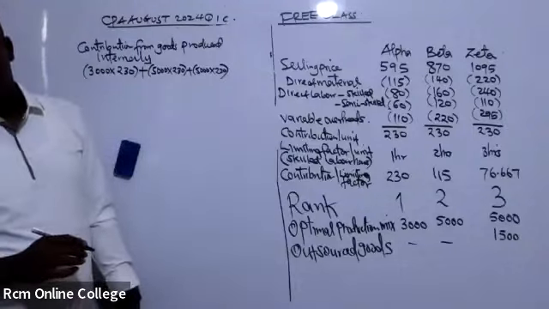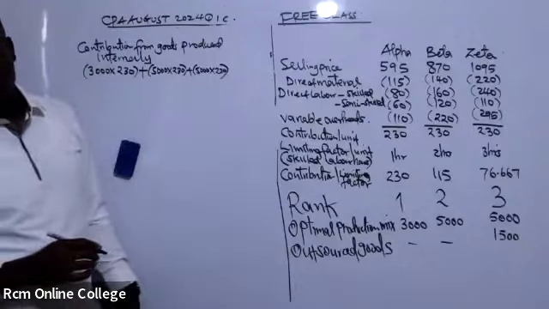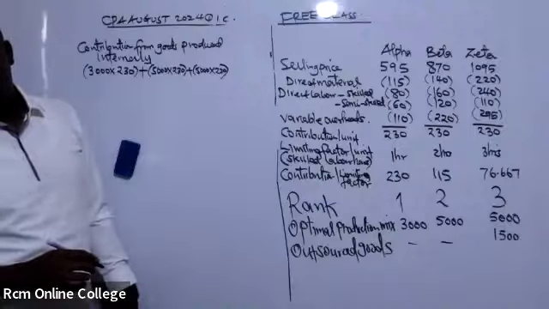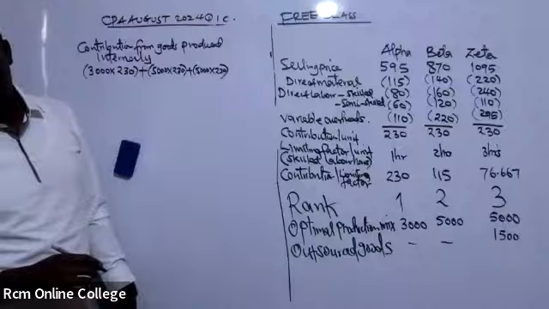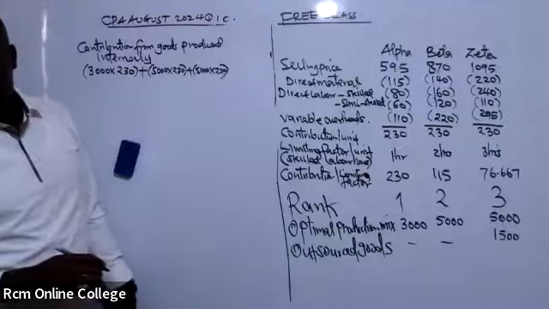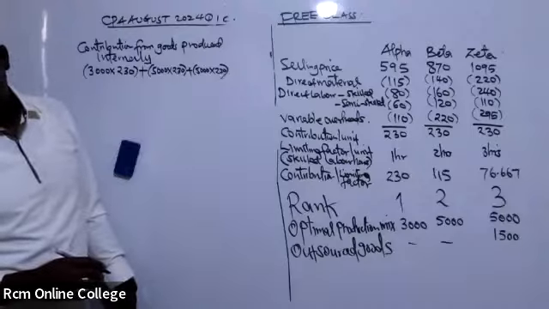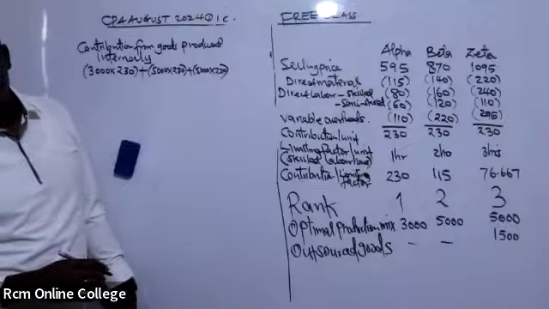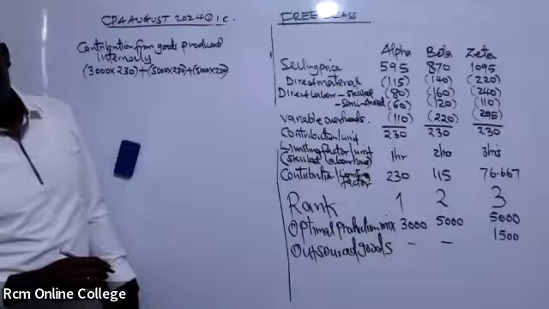Total contribution from what was produced internally? Total contribution. 29,90,000. 2990. Someone else to confirm? 2990.